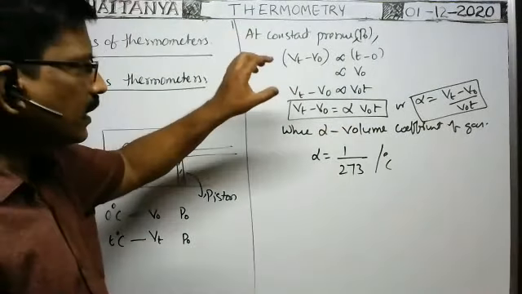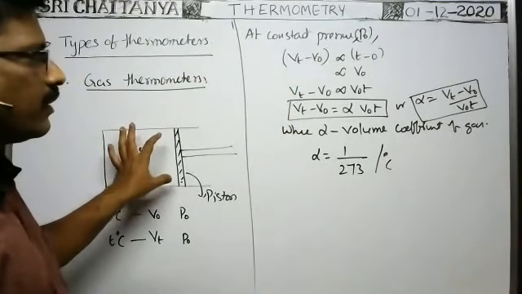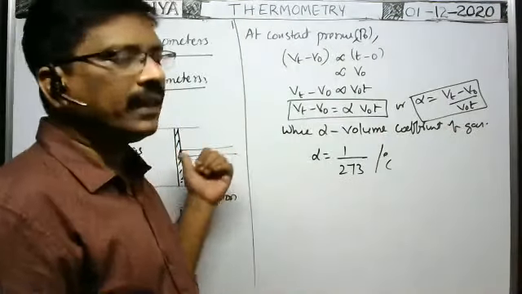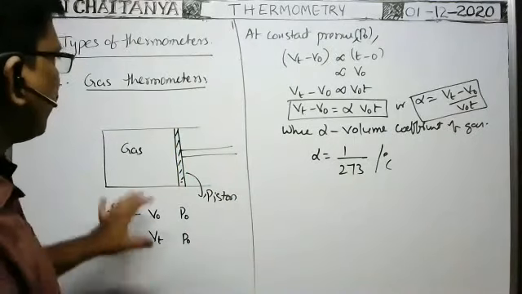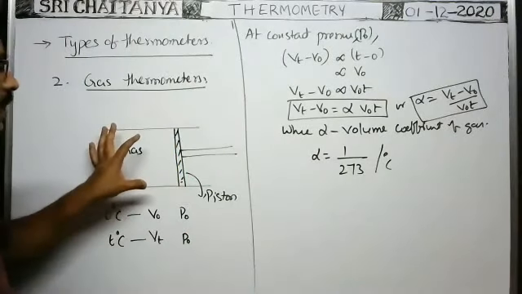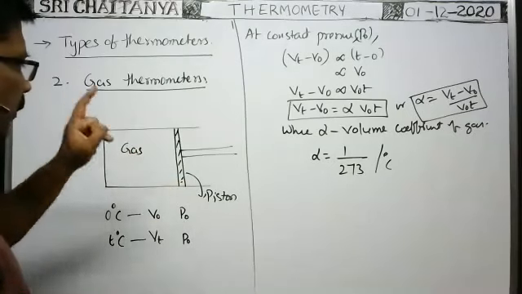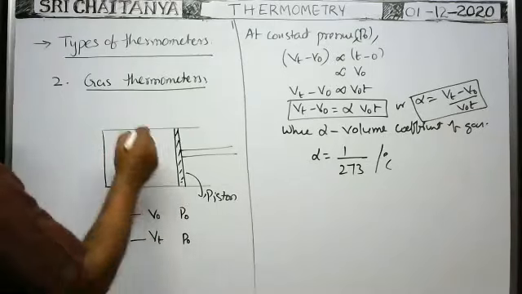That's why by using this formula, by using the increase in volume of the gas upon rise of temperature, we can measure the temperature of the given gas. That is the temperature of the body which is to be measured. So in this way, by using gas thermometer, there are two types of gas thermometers. By keeping pressure constant, we can measure the temperature. They are called constant pressure gas thermometers.